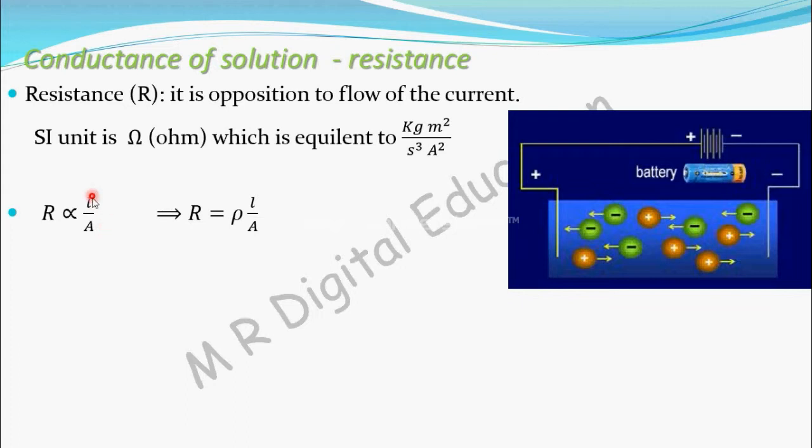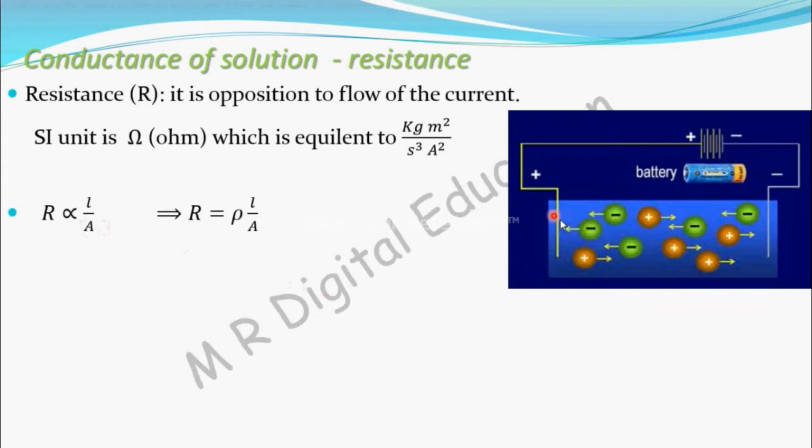This length is the distance between this electrode and this electrode. As this distance between electrodes increases, there will be more and more collision, so resistance will increase, and it is inversely proportional to area of cross section.